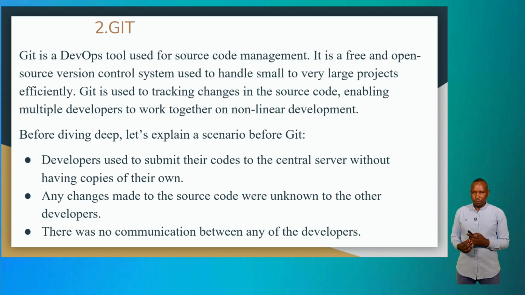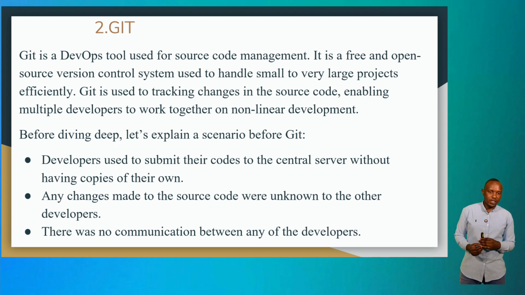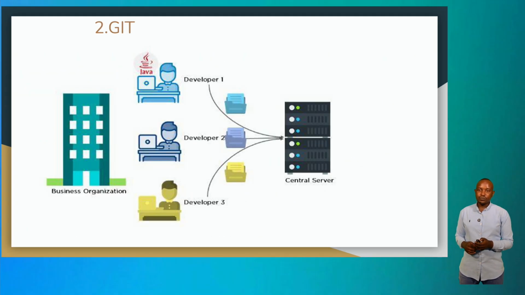Here is the scenario before Git. Developers used to submit their code to the central server without having a copy of their own. Any change made to the source code was not known to the other developers. There was no communication between the developers. So Git handles these issues.